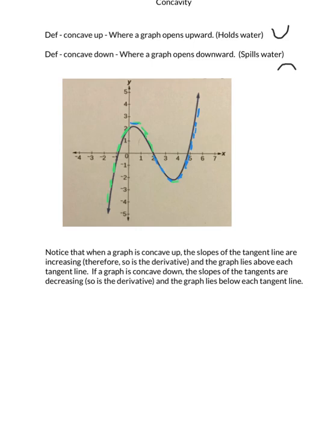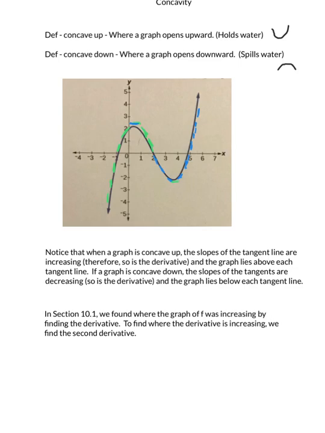At the very top here, the slope would be 0, and then the slopes begin going downward, or being negative. So the slopes of the tangent lines are decreasing where the graph is concave down. Also notice that the tangent lines are above the graph throughout the area where the graph is concave down.